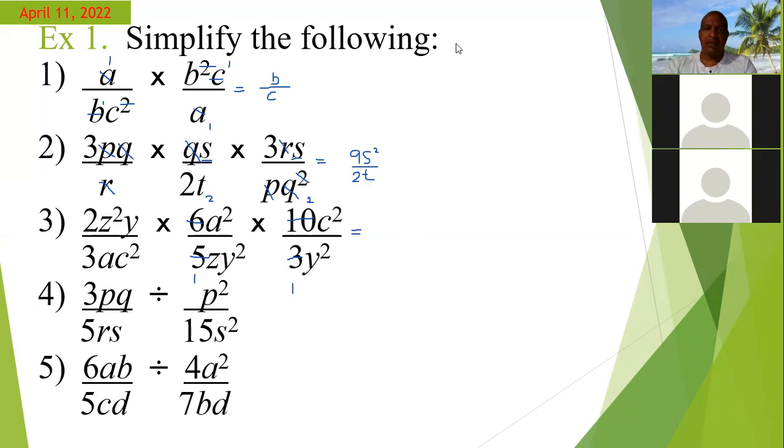All right, so what do we do next? We cancel the Z. We cancel one of the Z's in the first one. All right, so here we have Z squared in the numerator in the first fraction, and Z in the denominator of the second. So this Z is to the power 1. So we subtract 1 from this square up here, leaving just Z. What else?